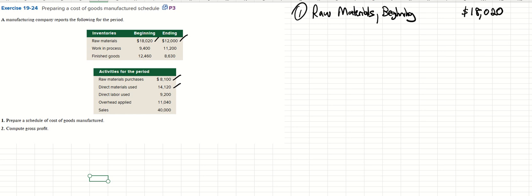So the raw materials that were purchased was $8,100. So I'm going to put in raw materials that were purchased throughout the period. And that's going to be a plus $8,100.